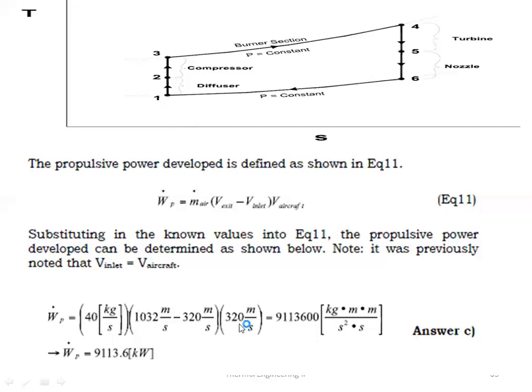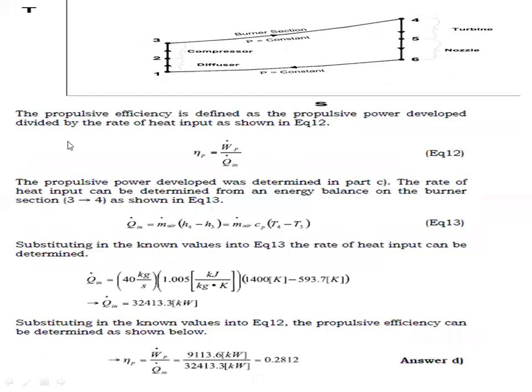If you substitute and calculate, we get the propulsive power developed in the cycle equal to 9113.6 kilowatts.